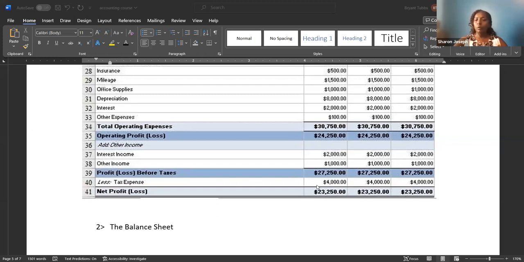Now we've got to take out more expenses. And everybody pays taxes, so we know that that's a debit. So 27 minus 4 is $23,250 net profit. Again, you don't see any sign here, but we know that net profit is a credit balance.